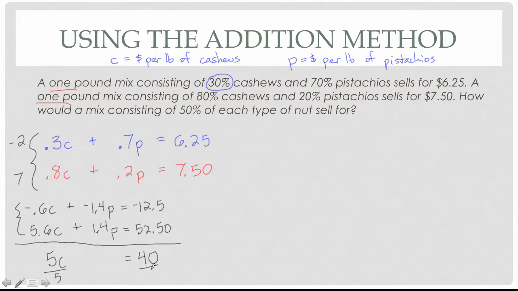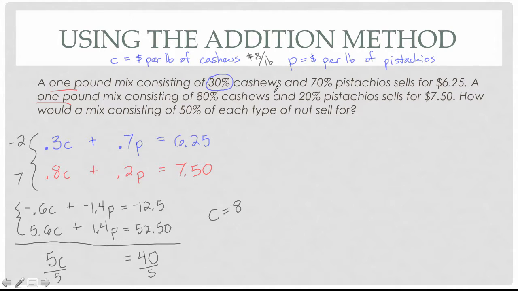Divide both sides by 5, and c equals 8. Well, what does that mean? It means the price per pound of cashews is $8 per pound. That seemed to make sense, right, in the context of the problem. If I got $140 per pound, then I would think, oh, I did some math wrong somewhere. So $8 per pound, it makes sense.